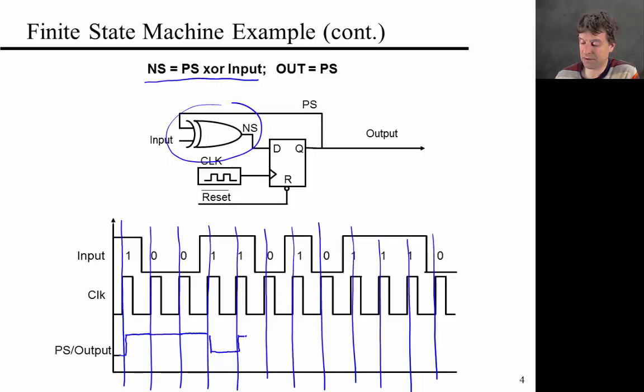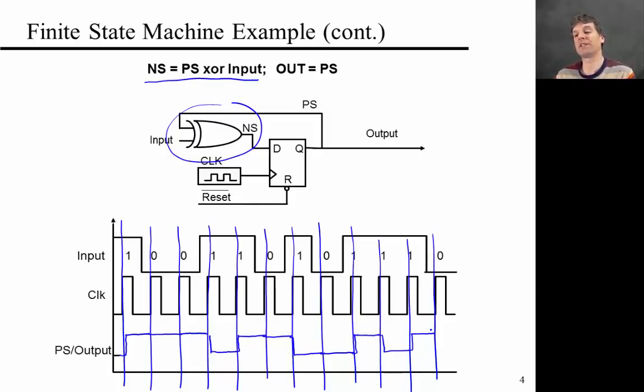this goes back up, so it remains high, goes back down, so 0 XOR 0 remains low, 1 XOR 0 goes back up, 1 XOR 1 is low, high, and we're here.